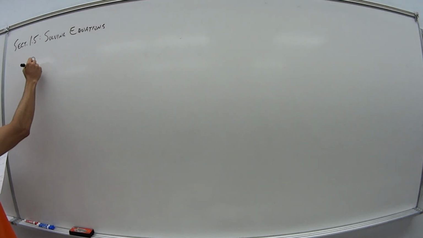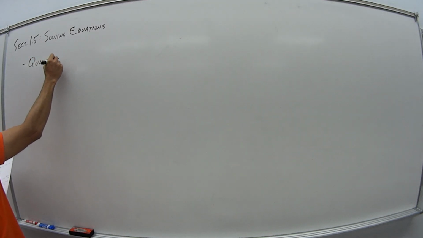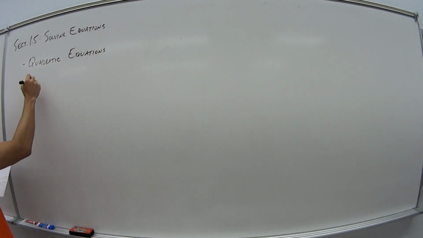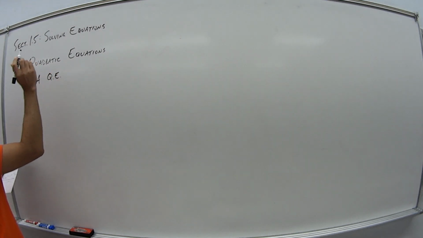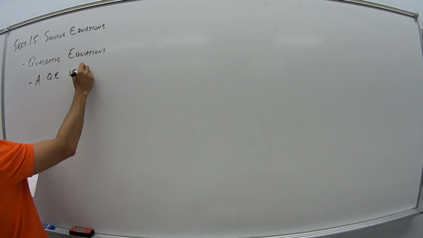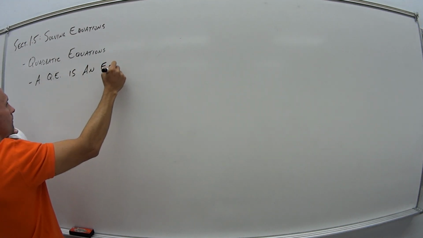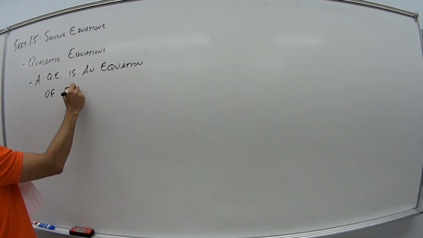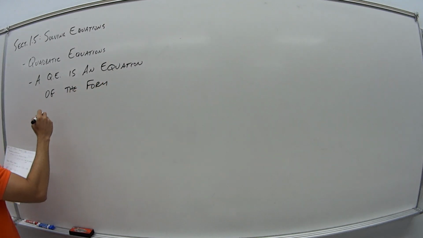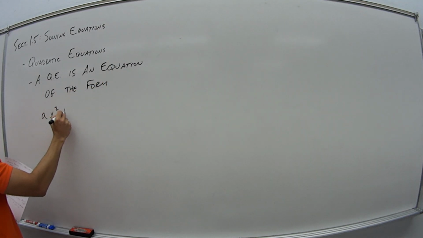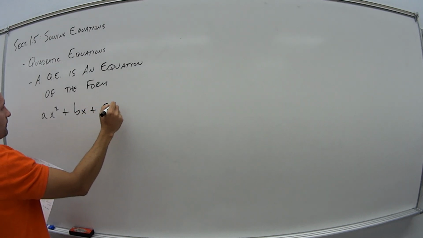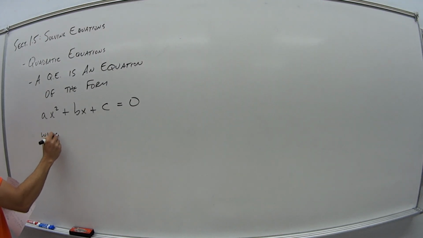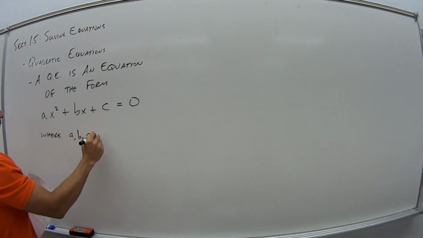So first we're going to be looking at quadratic equations. A quadratic equation, abbreviated QE, is an equation of the form ax squared plus bx plus c is equal to 0, where a, b, and c are real numbers.